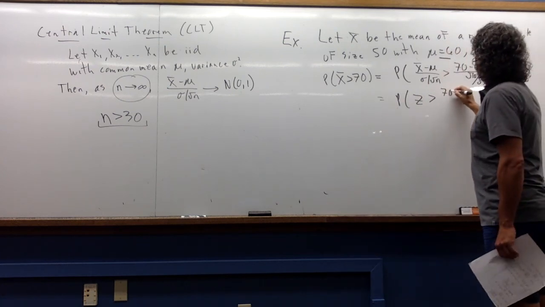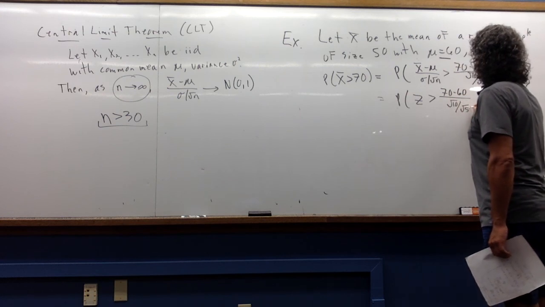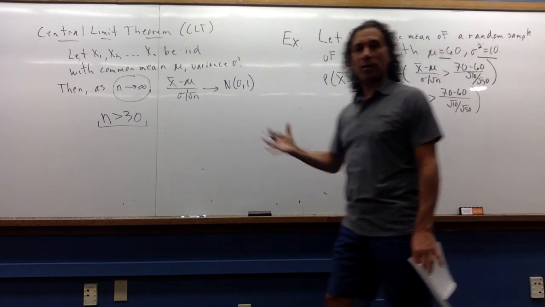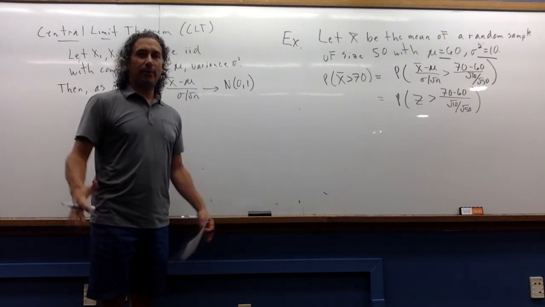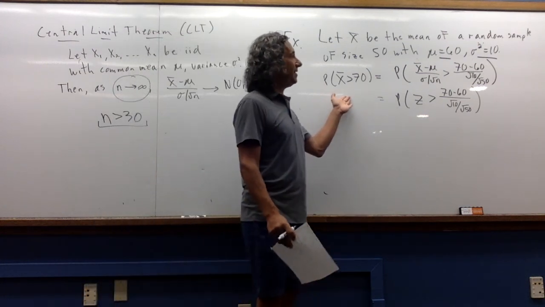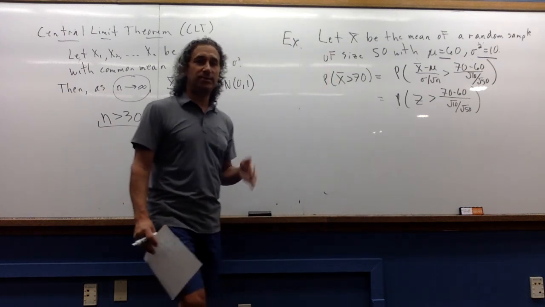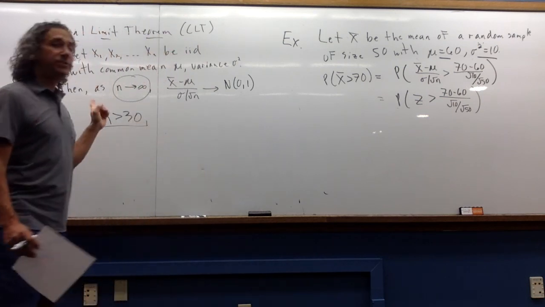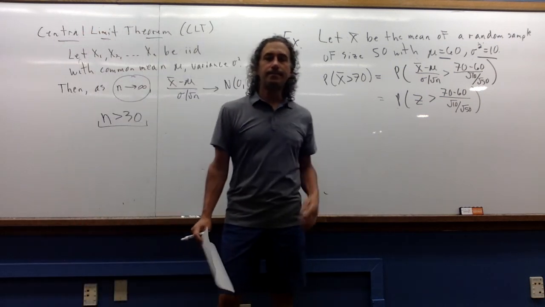And this is a number that we can just work out. Okay, we can work that out using the normal CDF. Boom. So we're computing a probability on a sample mean without knowing anything about the underlying distribution due to the central limit theorem. That's the power of the central limit theorem.